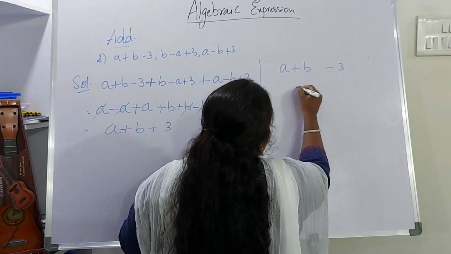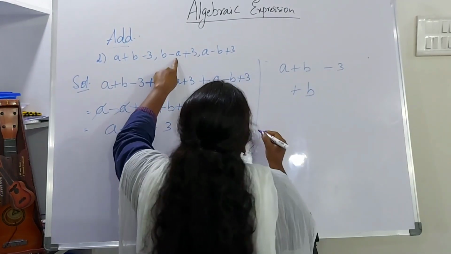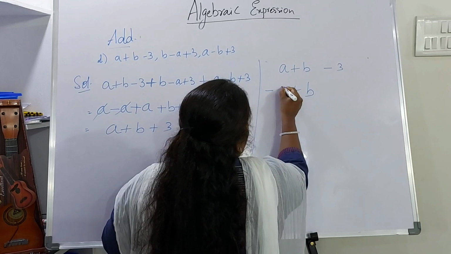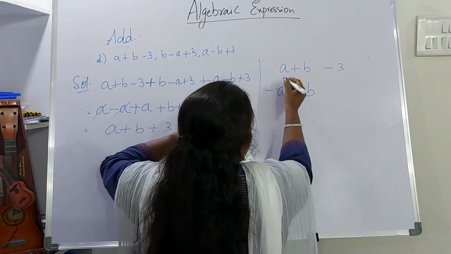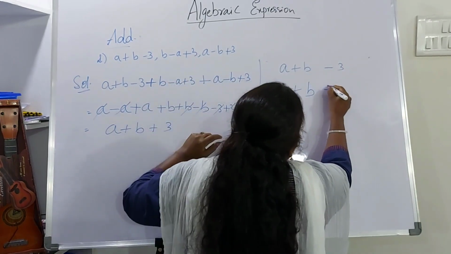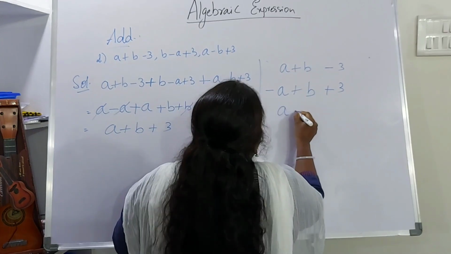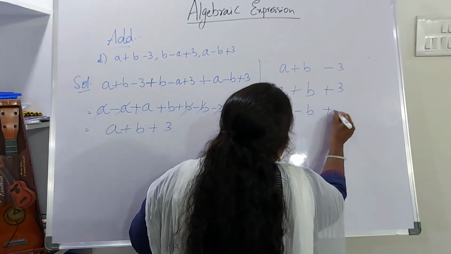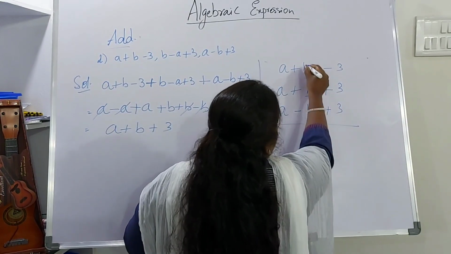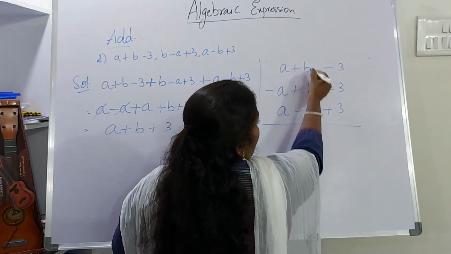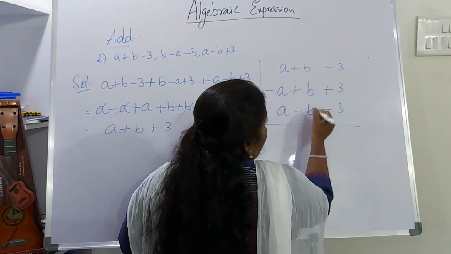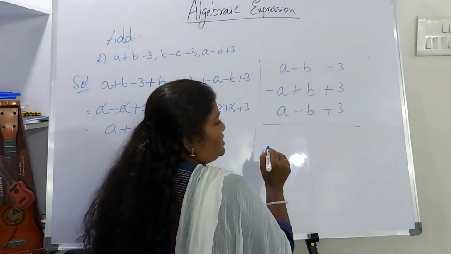So write this under plus b and you have minus a. So write under minus a, minus a, and you have plus 3. Now you have a minus b plus 3. So you can see here all a's are in one place, all b's are in one place, and all constants in one place.